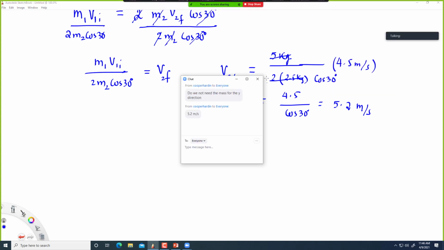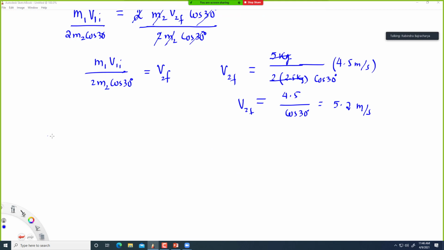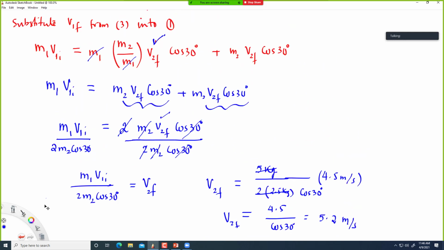Yeah, okay, good. And then once you have that, now you can use either one to find V1F. So go back to the equation. Use the one that is the simplest one.